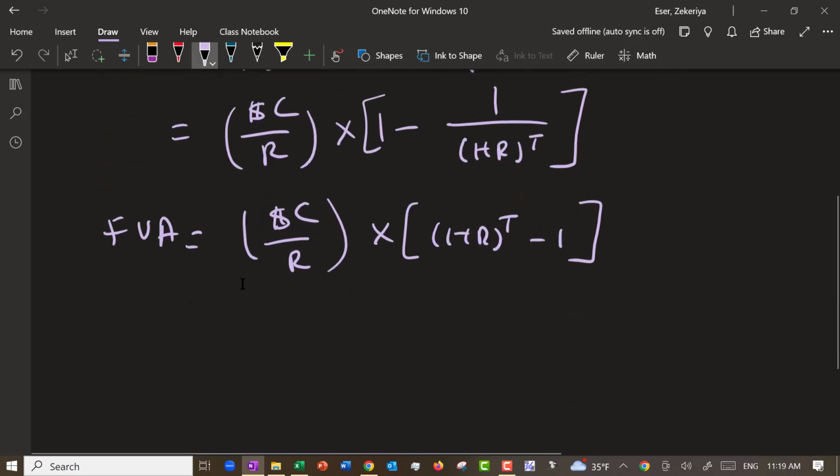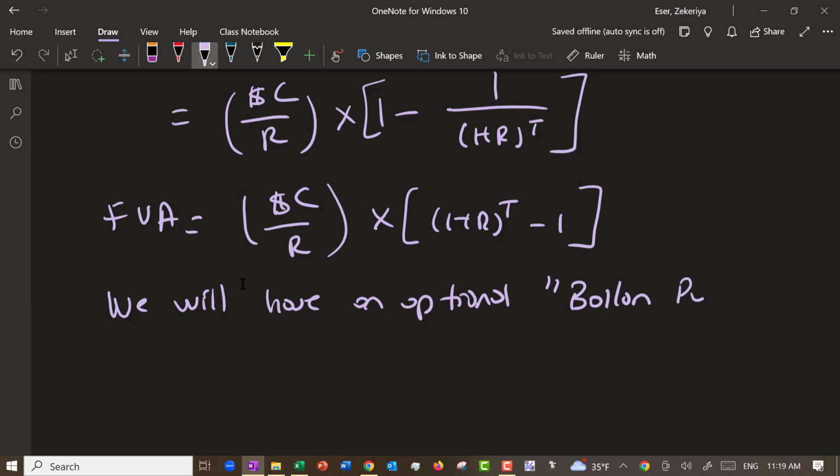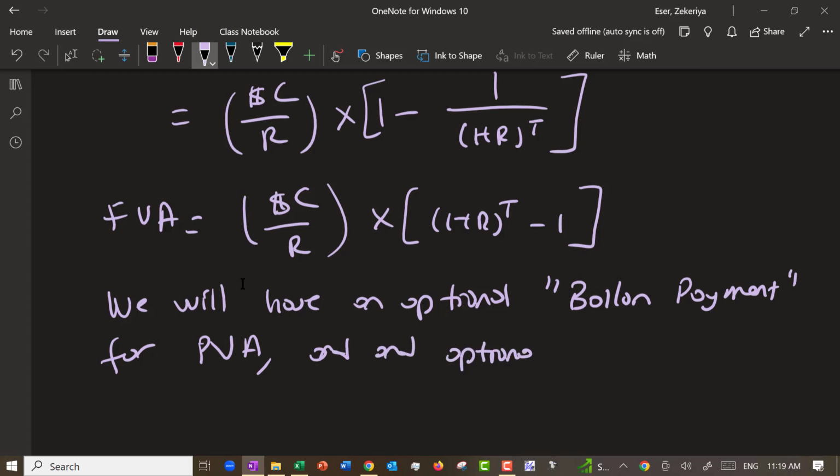One thing we're going to add to this: we will have an optional balloon payment for present value and an optional starting value or starting payment for future value of annuity.